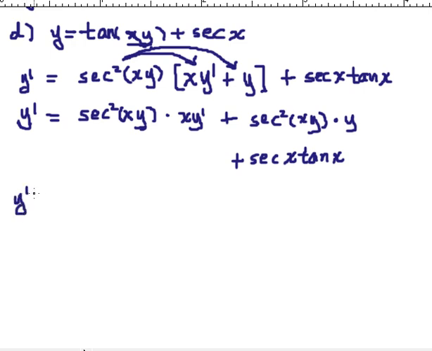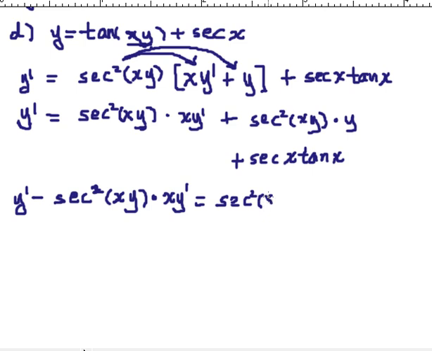So we'll have y prime minus secant squared xy times xy prime equal to, these two terms we're leaving on the right side, so let me just copy them over, secant squared xy times y plus secant x tangent x.